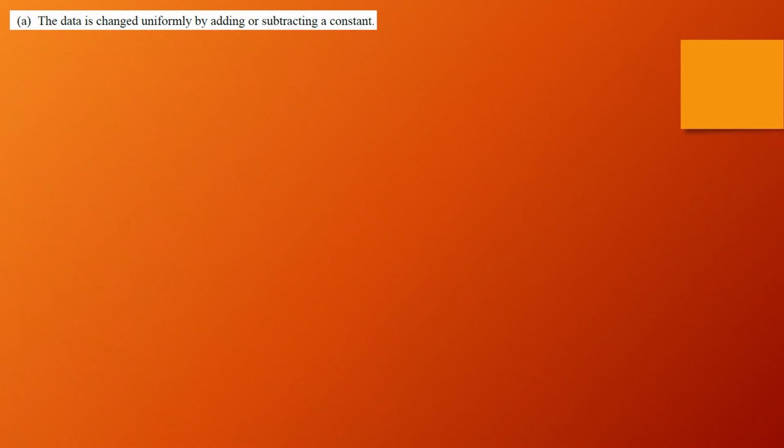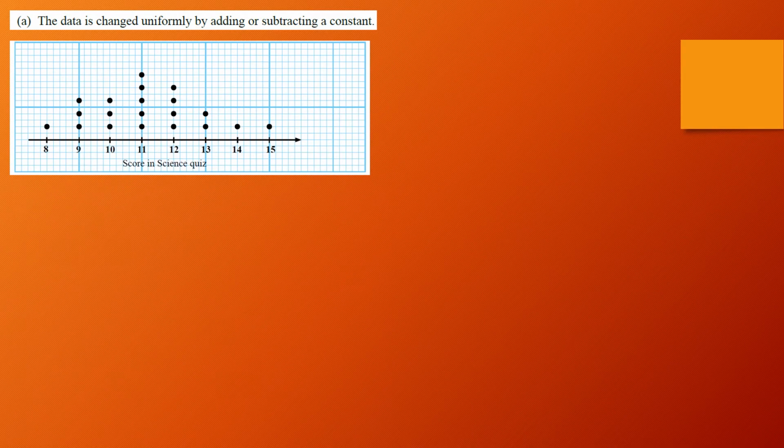So now we look at some examples. Here, the first, the data is changed uniformly by adding or subtracting a constant. This is the score in a science quiz, given the scores from 8 until 15. One pupil achieved score 8. Score 9, 3 pupils.